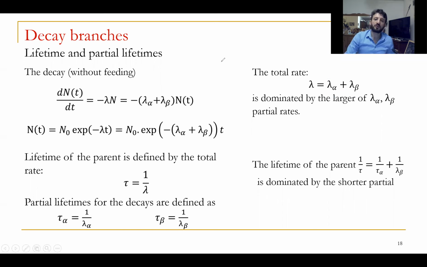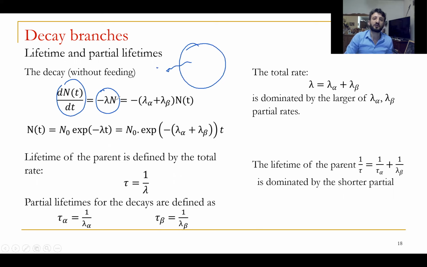Now, also we have to calculate the total lifetime. In order to analyze the expression, you know this element, some part decays by alpha and the second one by beta. The total delta N divided by delta t equals minus lambda N. Lambda is the total decay rate.